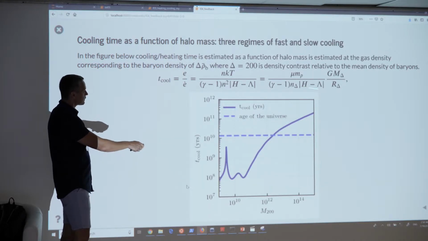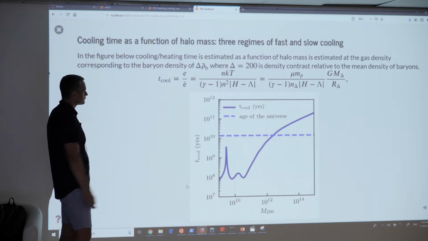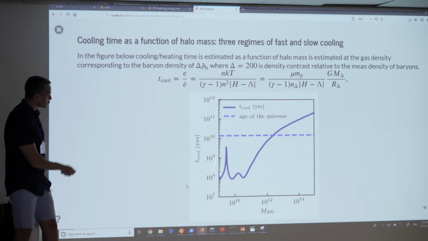And this expression, density is independent of mass, all these constants are independent of mass, but temperature enters here, and temperature, if I consider the virial temperature given by GM over r, creates a mass dependence of this quantity. So here it is plotted as a function of mass.